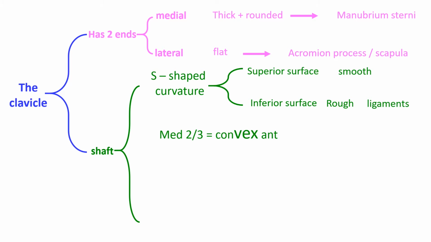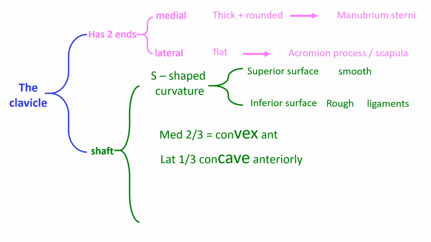Now, the medial 2/3 is convex anteriorly and concave posteriorly, while the lateral 1/3 is concave anteriorly and convex posteriorly. So the curvatures are not equal in length.